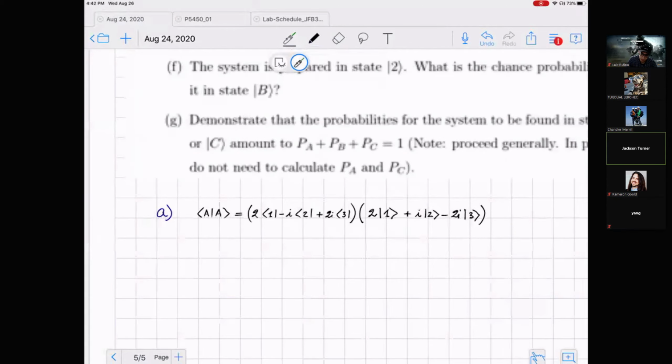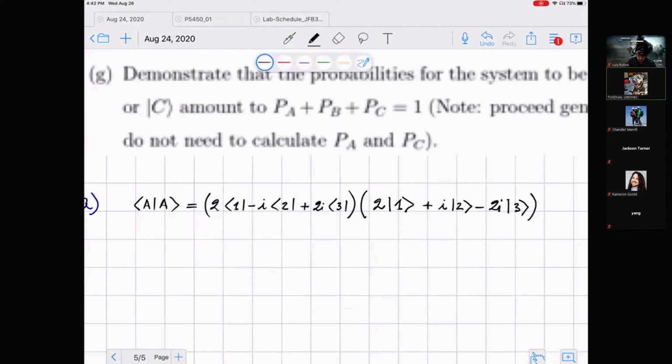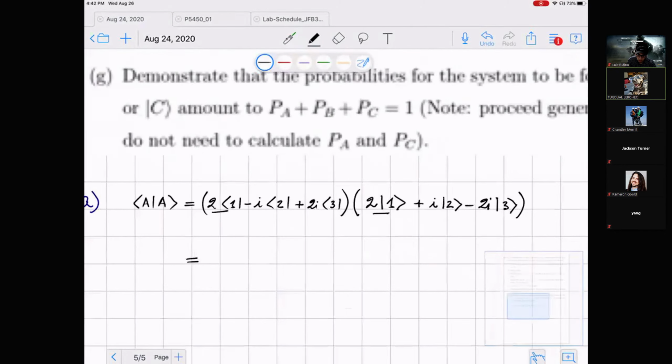Right? So when I distribute this product, I'm going to have 2 times 2, which is 4, multiplying 1 times 1, but I don't need to write that, it's 1. Then minus i times plus i, and that's going to be plus 1. And then plus 2i times minus 2i, which is going to be plus 4. Okay. And all this is 9.